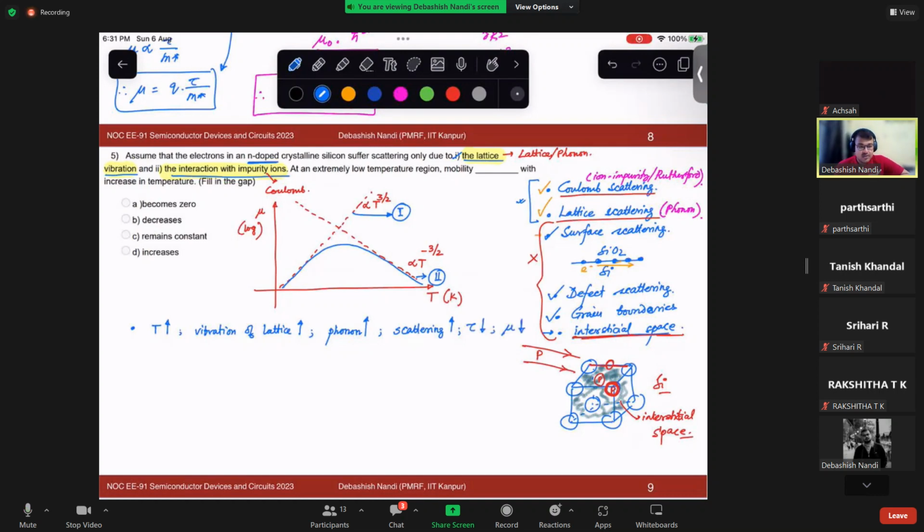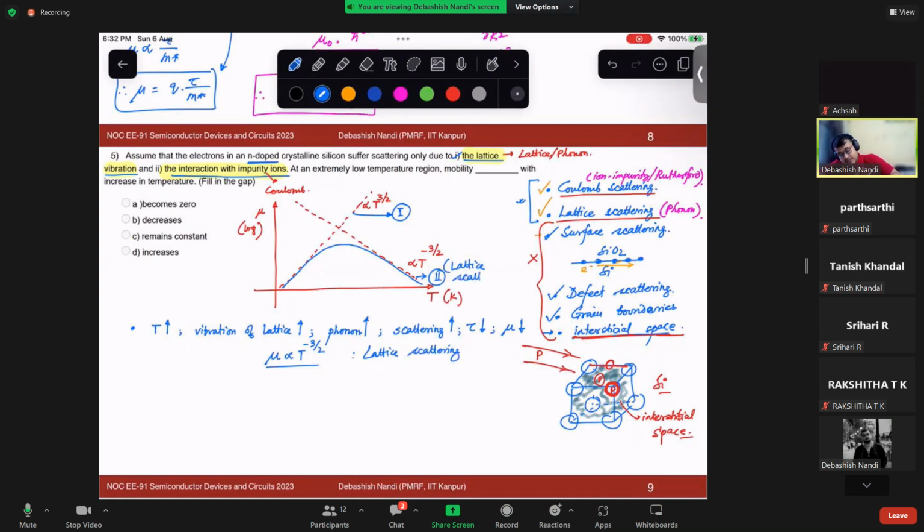So this mobility will decrease as a function like this. What kind of scattering is this? Anyone? Lattice scattering. This is your lattice scattering.